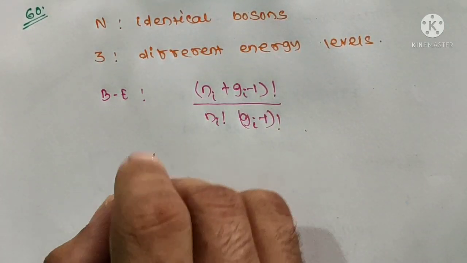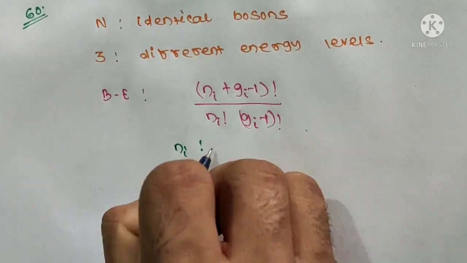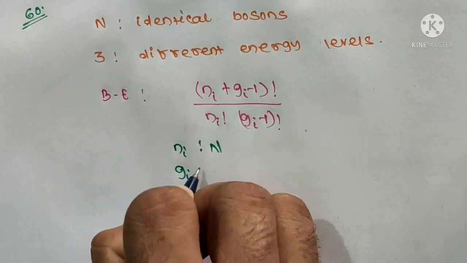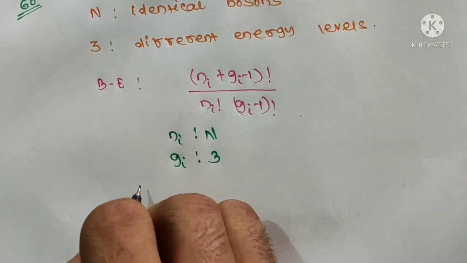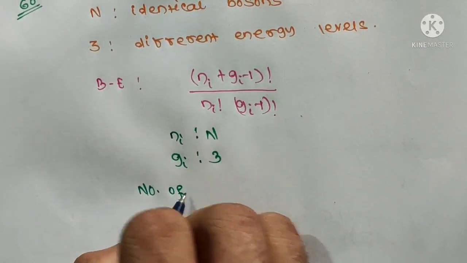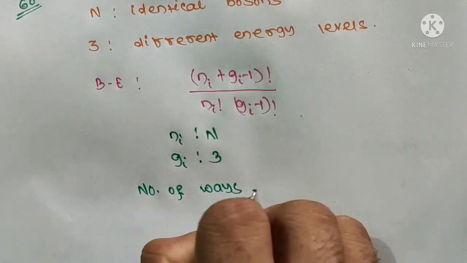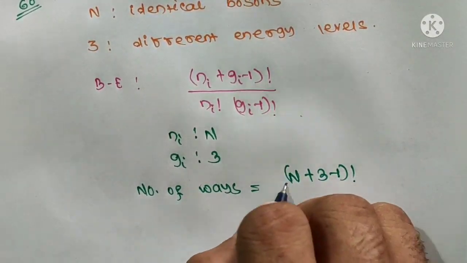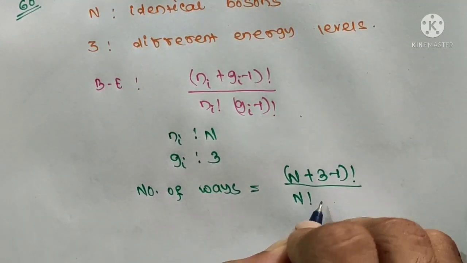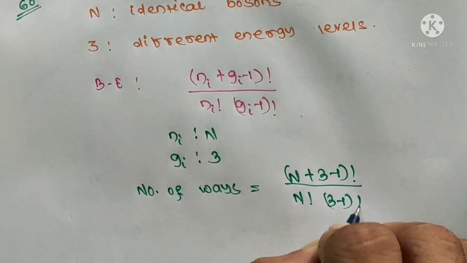Here ni is n and gi is 3. So use the formula. Now the number of ways is n plus 3 minus 1 factorial over n factorial 3 minus 1 factorial.